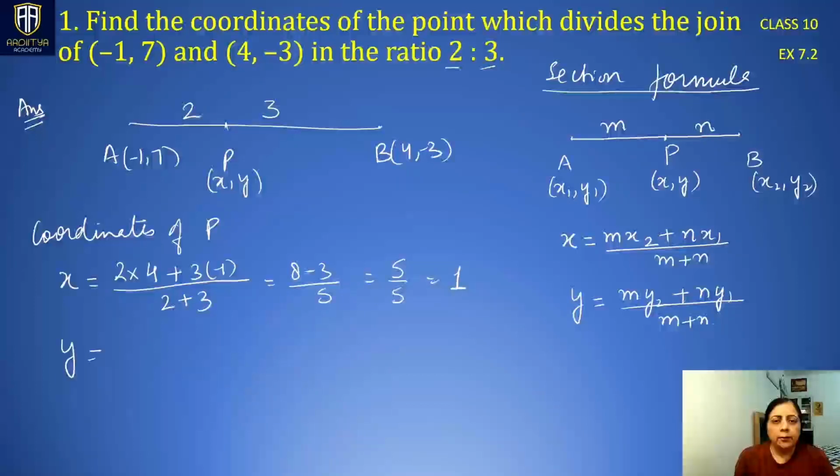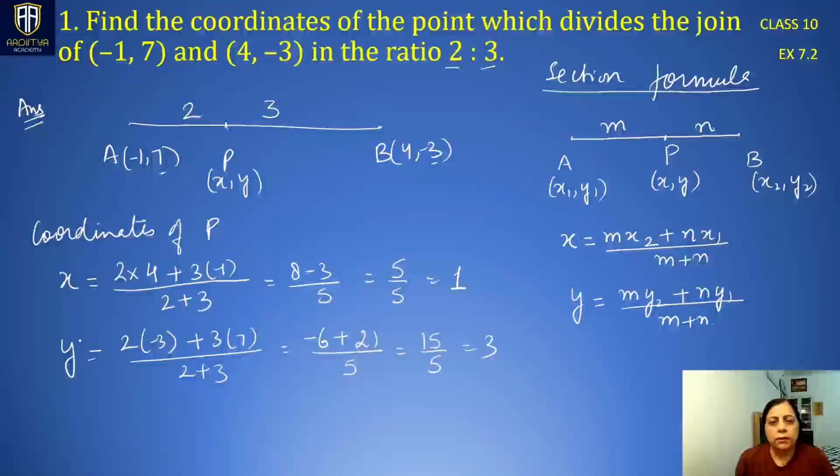So for y, we use the same formula. 2 multiplied by y2, which is -3, added to 3 multiplied by 7, y1, divided by 2 plus 3. This is -6 added to 21 divided by 5. 21 minus 6 is 15 divided by 5, which is 3.